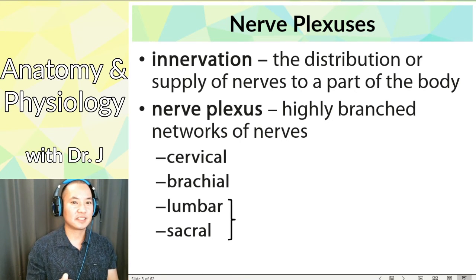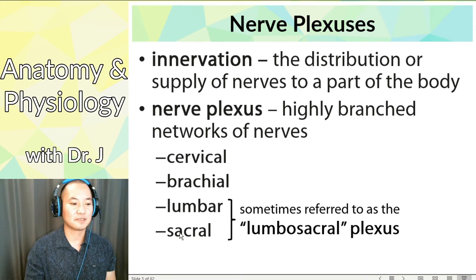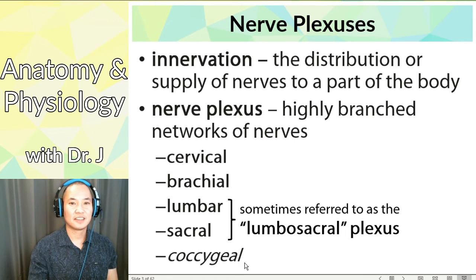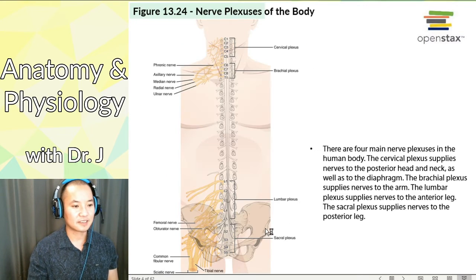Sometimes you might see in other textbooks that the lumbar and sacral plexus are together known as the lumbosacral plexus. So just know that sometimes these two are lumped together, and I'll show you why really soon. There is a coccygeal plexus, but for this class you don't really need to worry too much about it. It does exist, so I'm putting it there for completeness' sake.